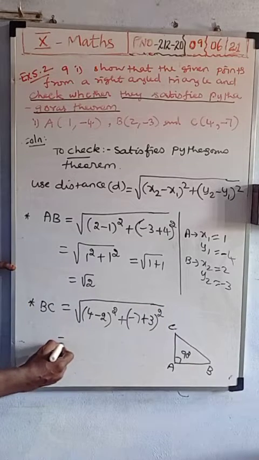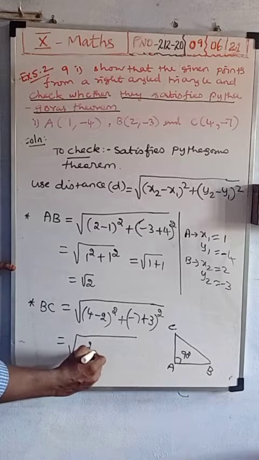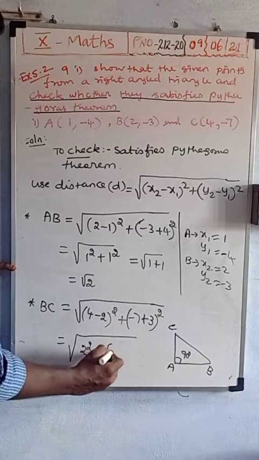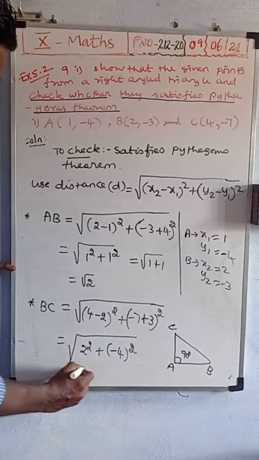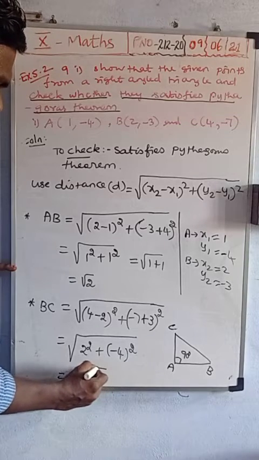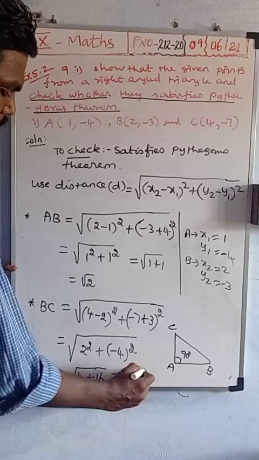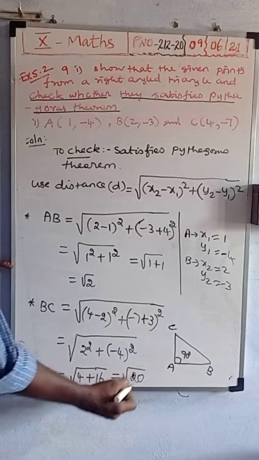Now square root of (4 minus 2), 2 squared, plus here minus 4 squared. So what you will get? 2 square value 4 plus 16, so square root of 20 you will get.